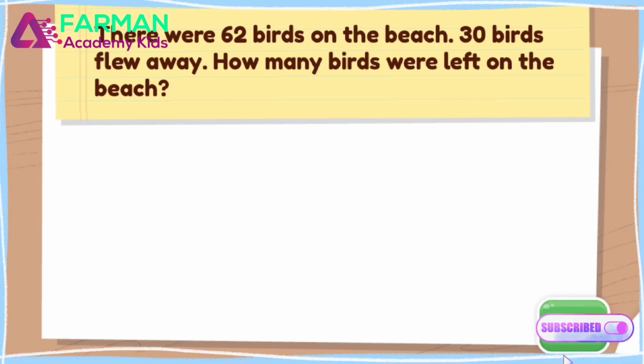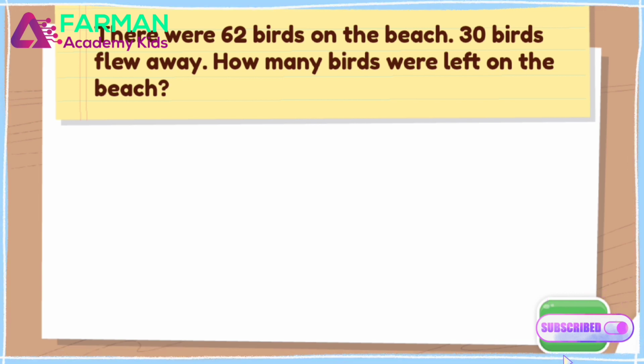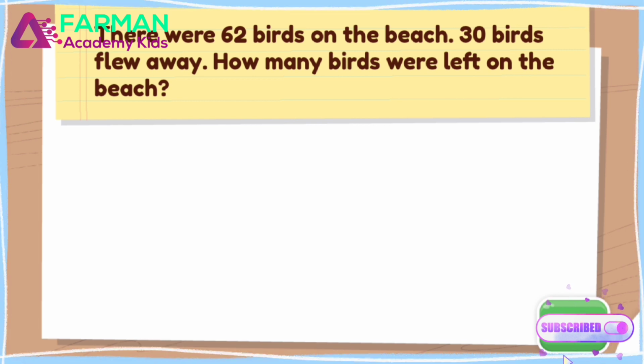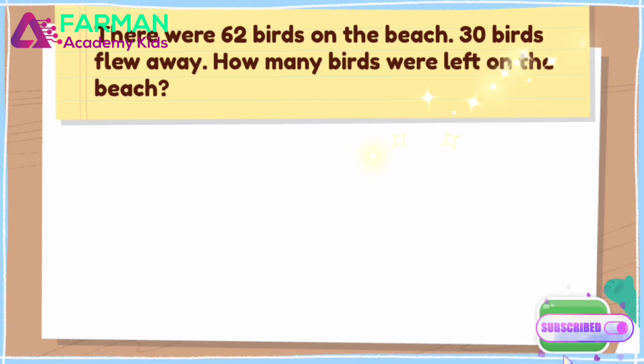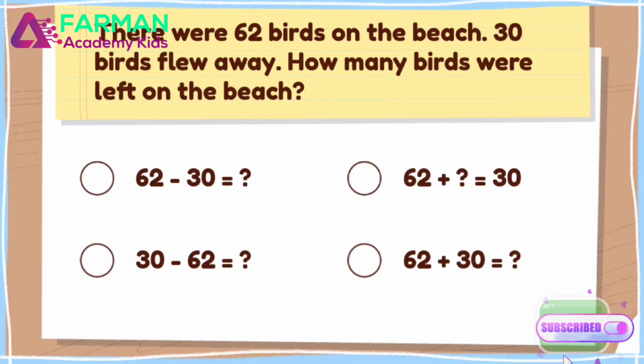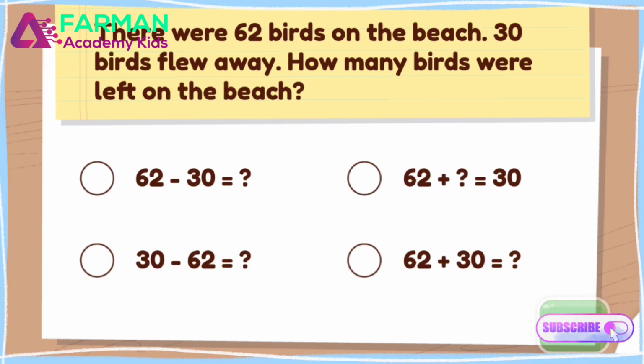Let's read the word problem. There were 62 birds on the beach. 30 birds flew away. How many birds were left on the beach? Tap the green. Let's solve the word problem together. Tap the equation that matches.